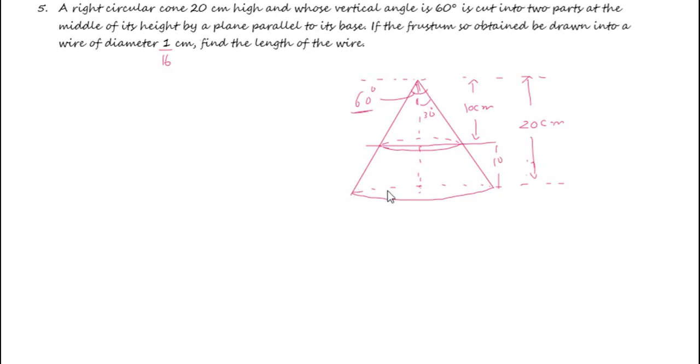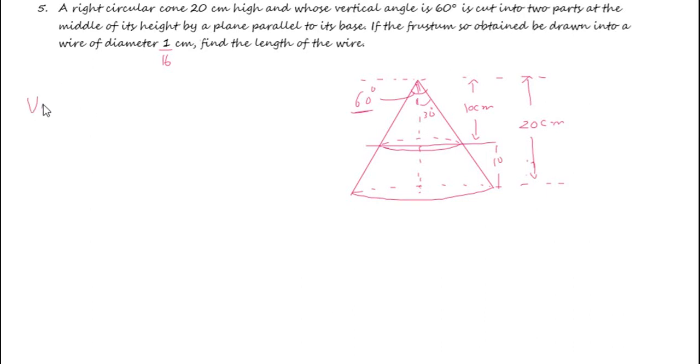This is the right circular cone. It is cut in the middle, and this portion, this frustum, is used to prepare a wire of diameter 1 by 16 centimeter. We need to find the length of the wire. Here the total volume of the wire is equal to the volume of the frustum. So first let us find out the volume of the frustum.